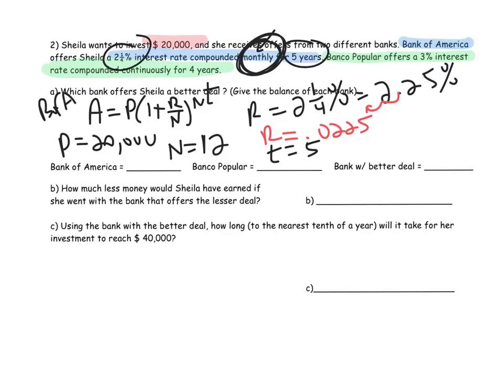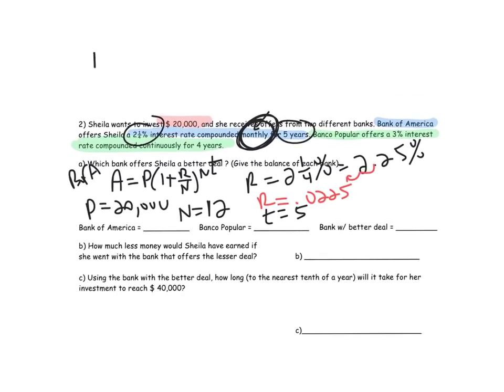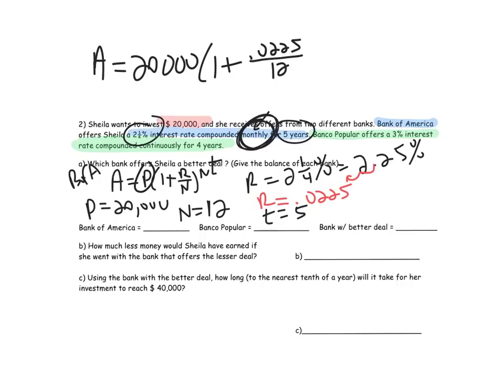So we're going to substitute into that formula. A, the balance, equals the principal, which is 20,000, parentheses 1 plus 0.0225 over 12, raised to the N times T, which in this case is the 12 times 5 power.